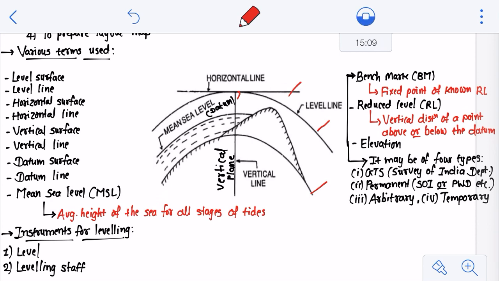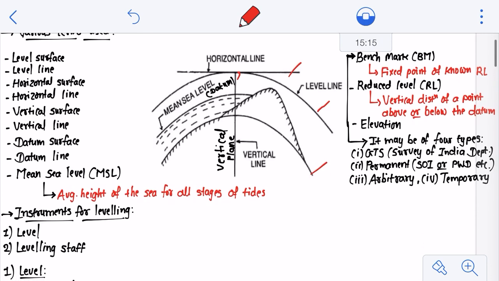Now moving next, the next particular term which is used here in leveling is termed as a datum. But here, as I mentioned, it is datum surface and datum line. So datum is any surface to which elevations are referred, right? So you can say it is the reference point. So what do you mean by reference point?